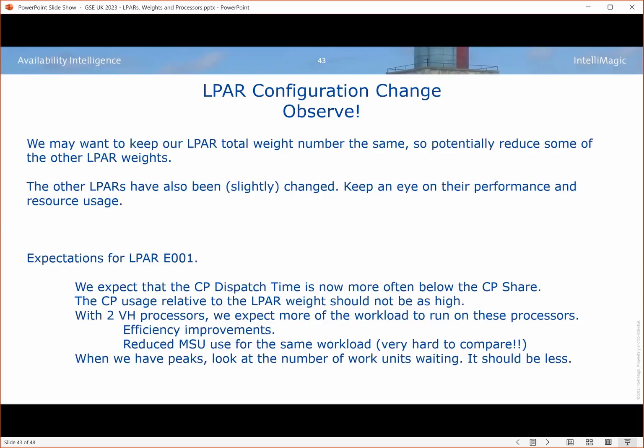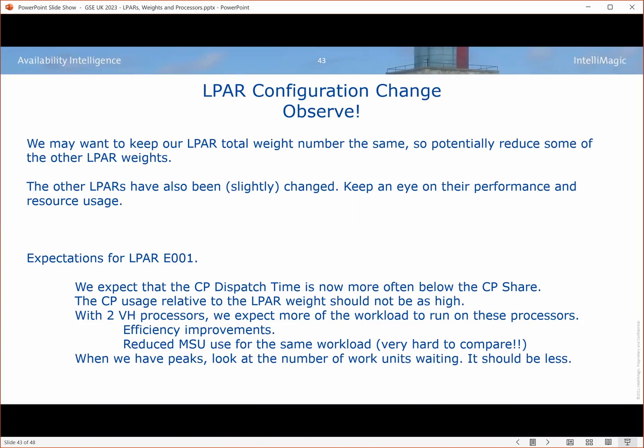Okay, so our expectations. We expect that the CP dispatch time in CPs is now below the CP share. Maybe not exclusively, but much less. That's what we're aiming for. The chart where we looked at the CP usage relative to the LPAR weight, that should not be as bad, i.e., we've increased the weight somewhat, so we should actually be getting more of the resources that we want that LPAR to have.